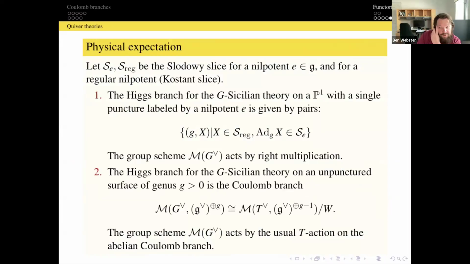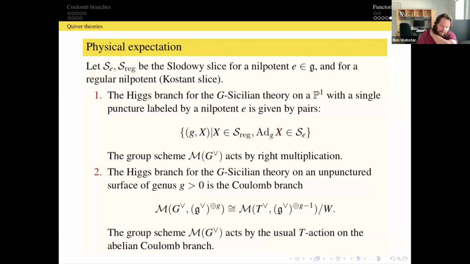If you want to generalize this for other groups, this is my recipe for doing this. If you have a P1 with a single puncture, that's supposed to correspond to taking elements of the regular Slodowy slice, which had appeared before. This is this constant slice.